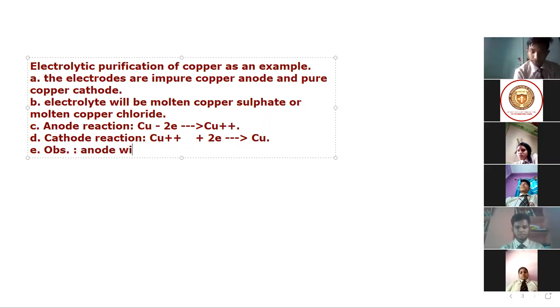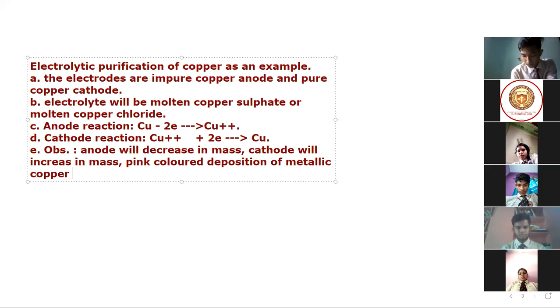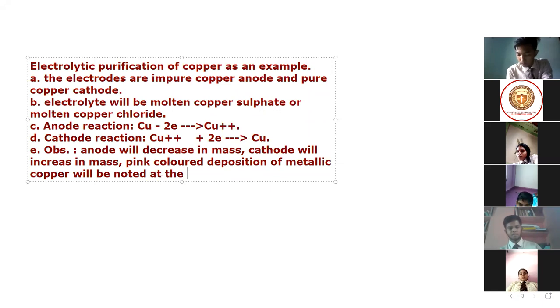Anode will decrease in mass, cathode will increase in mass, pink colored deposition of metallic copper will be noted near the cathode.